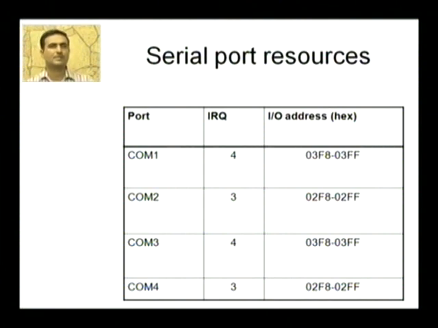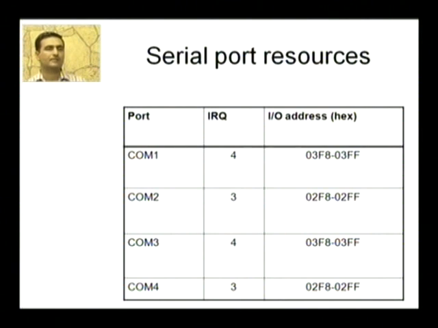And next one is COM4, communication port 4. It uses the third IRQ, and the input output address is 02F8 to 02FF. So we can see from the table COM1 and COM3 are using the same IRQ, that is the fourth IRQ, and their input output address is also the same.